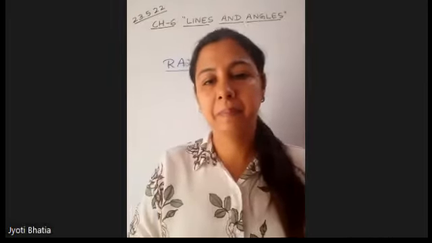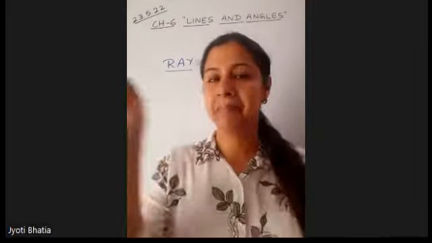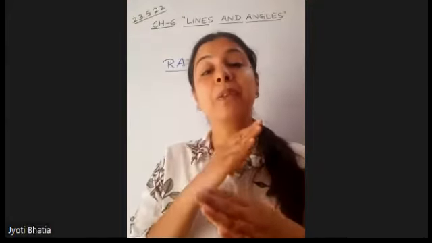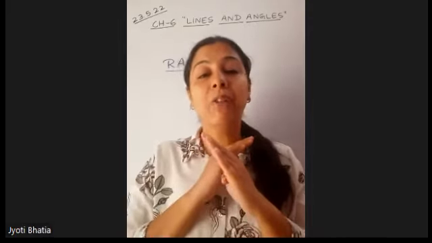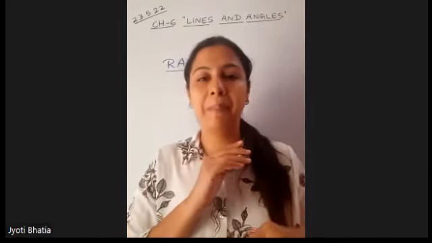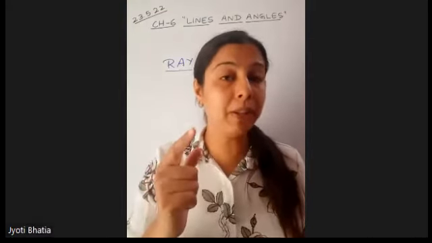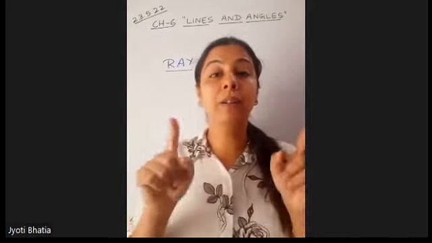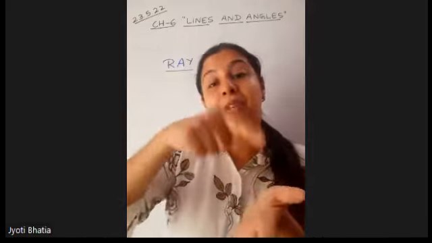Ma'am, a line that is terminated from one end, but ma'am, on the other hand, it can be drawn infinitely. मैं क्रॉस बोल रही हूँ, स्टिल यू आर स्पीकिंग. सबसे पहली गलती आप ये कर रहे हैं कि आप रे को डिफाइन करने के लिए लाइन यूज कर रहे हैं. The moment I hear the term line, if I know mathematics, line strikes here that it has got no end point. And then you are saying a line which has got one end point.